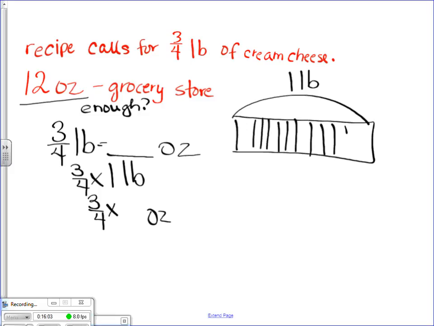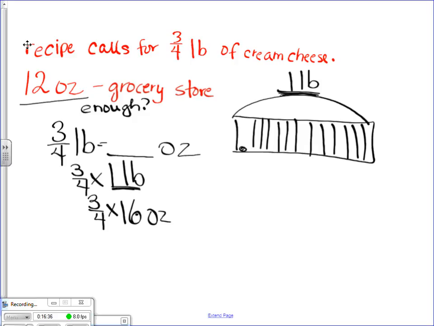It's made up of 16 ounces. I'm starting with what's on top. So, am I doing a fraction or a whole number down here? A whole number. I'm not doing a piece. I'm doing the whole shebang. I'm doing the whole thing. So it's 16 total ounces.